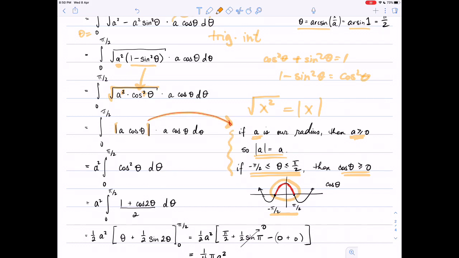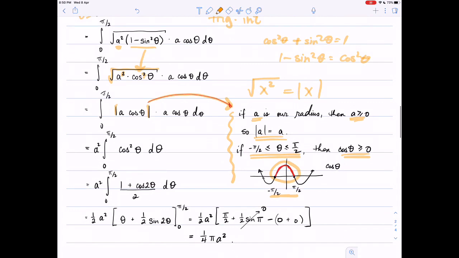So because of these reasons, we can let go of the absolute value and multiply those two terms together. The a's multiply to a constant a squared, which I will pull out, and then cos times cos gives me cos squared.